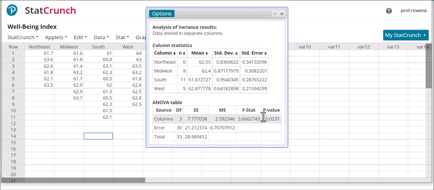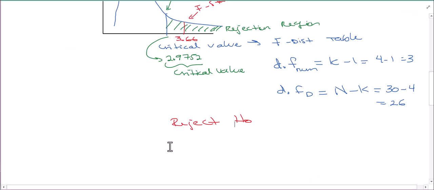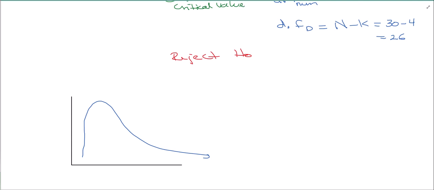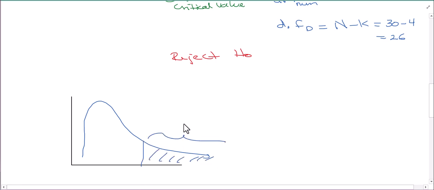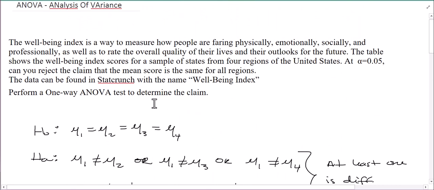Notice that the p-value here is 0.0231. So how is that compared to our level of significance? When we do it by p-value, we have our critical value over here, but the rejection region, this area over here, is our alpha, and alpha is 0.05, because we were told at the 0.05 level of significance.